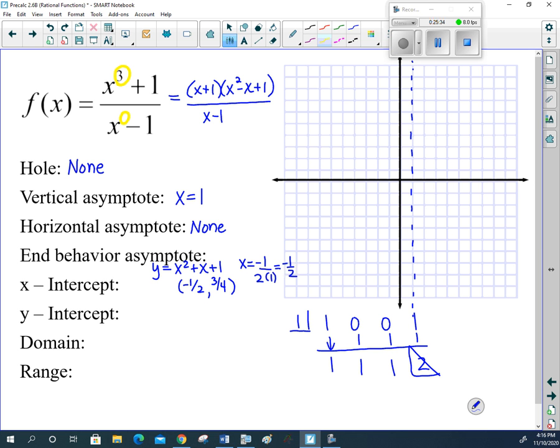So about right here. And then, let's see, what is it? Oh, it's just an x squared. So we're just going to go up 1 over 1, up 3 over 1, up 5 over 1, and we're kind of in the middle there.